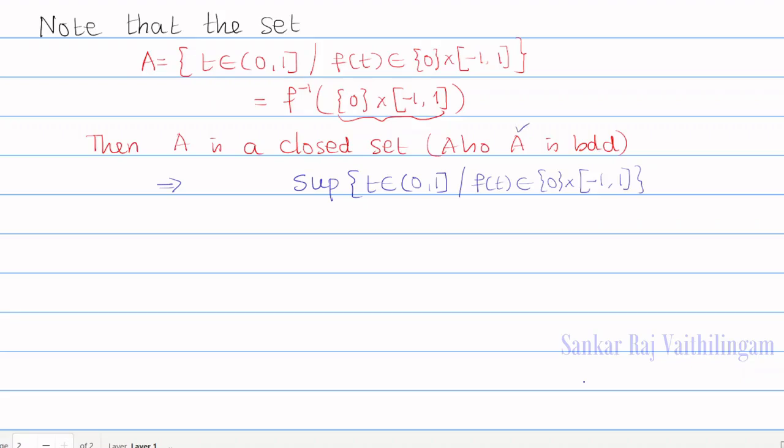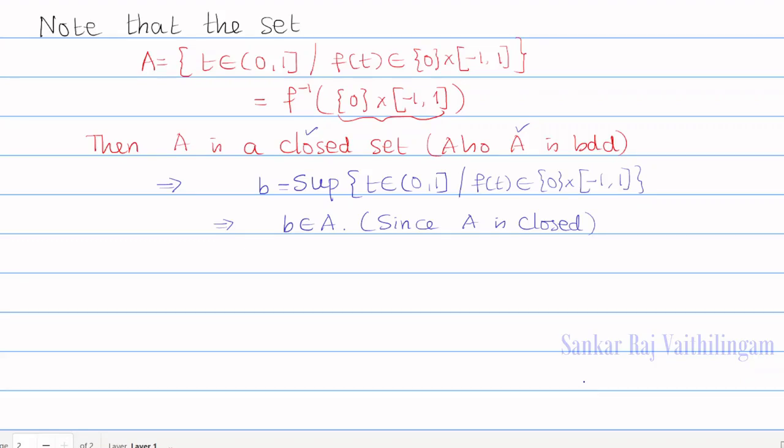I call the supremum B. Note that A is a closed set, so this supremum will also belong to A. Since A is bounded, the supremum exists, and since A is closed, B belongs to A.